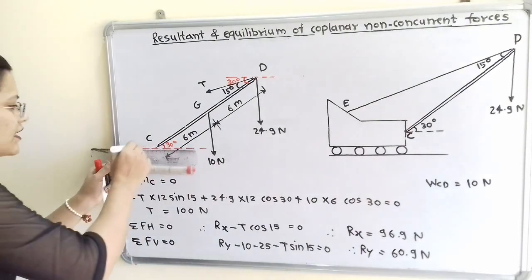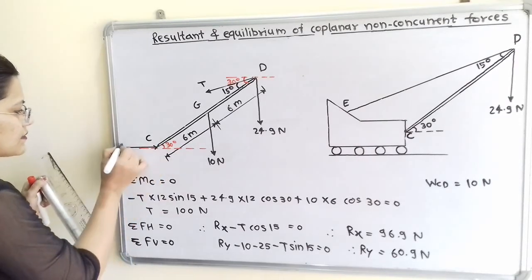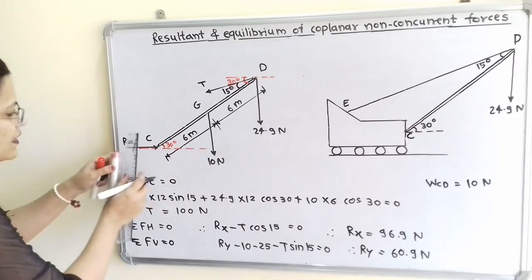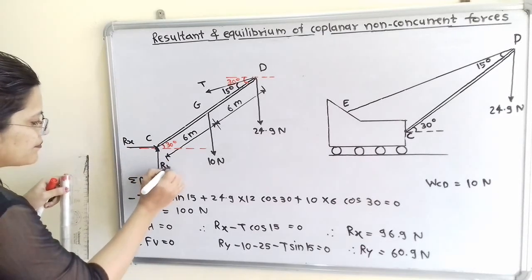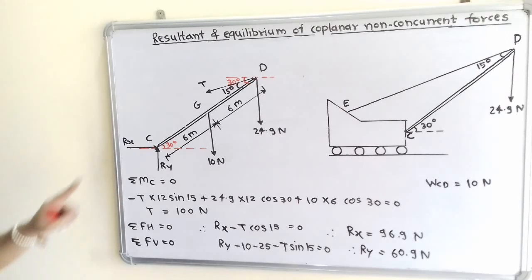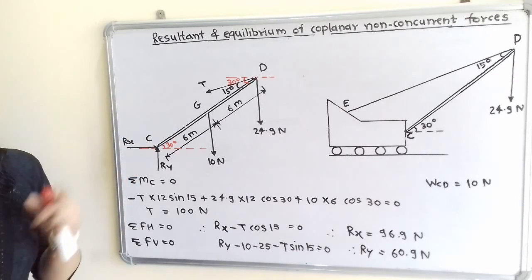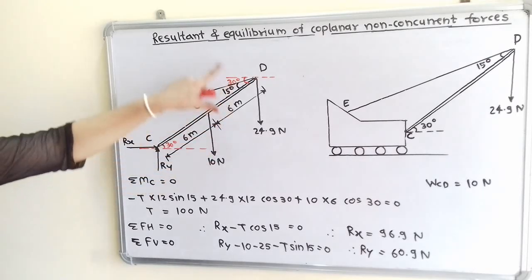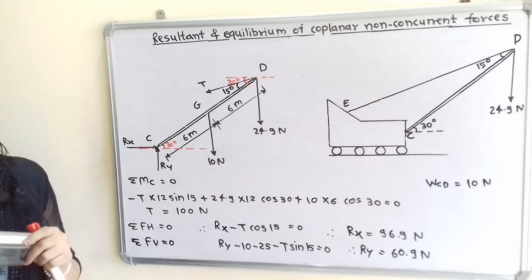This horizontal component we will call Rx and the vertical component we will call Ry. Now we will find Rx and Ry to find the reaction at this hinge C. We will first take the moment of all these forces about this point C equal to 0.